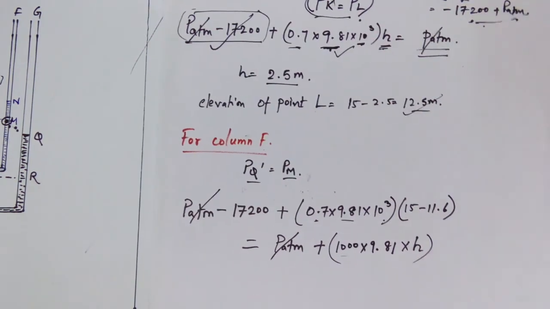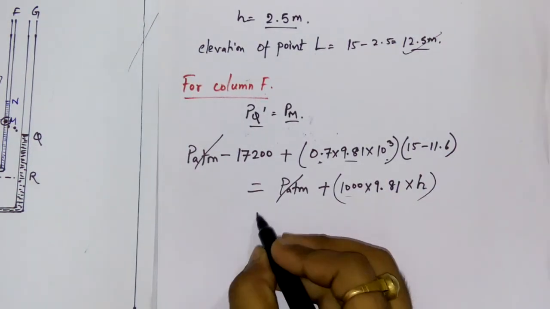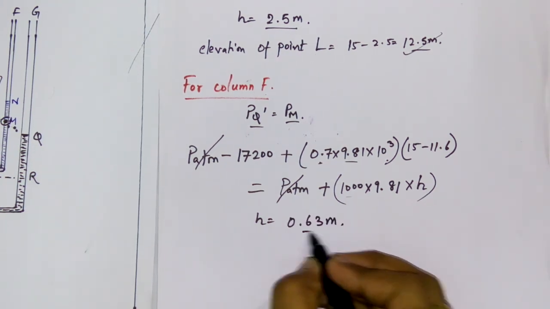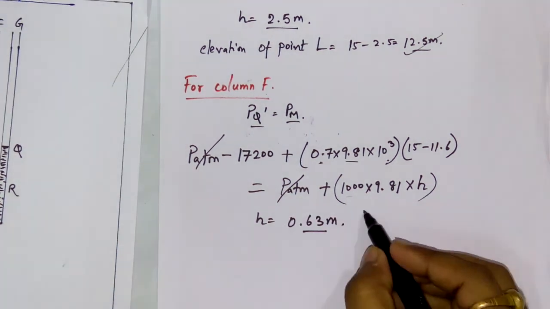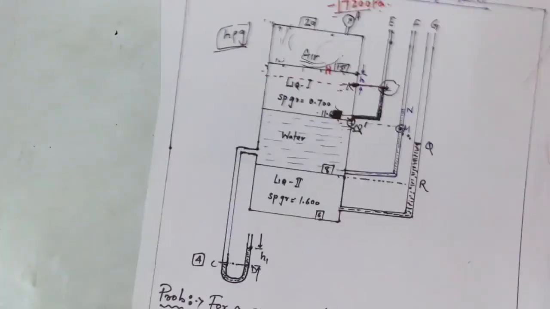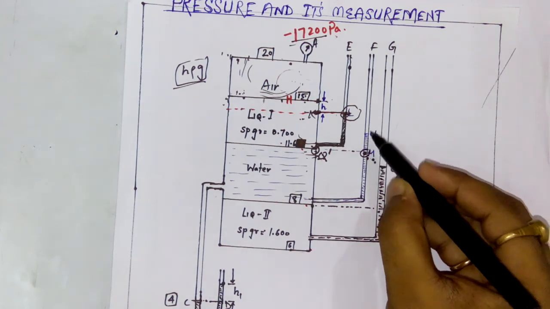From this you find the value of H. You will get H as something like 0.63 meters. This H means the distance from N to M.